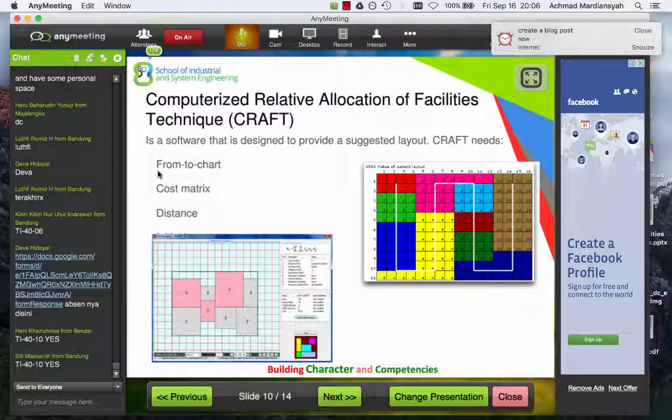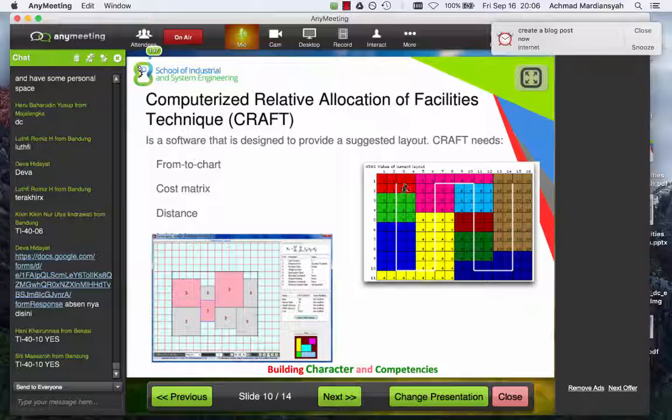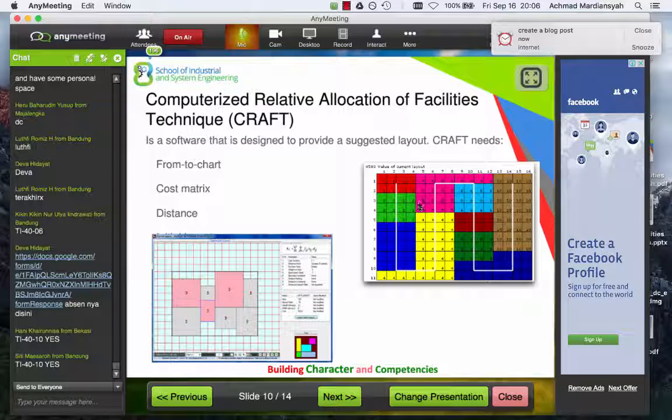So currently you must have a from-to chart, a cost matrix, and then distance, and then the initial layout. So the software will give you a suggested layout based on the input that you gave it. Okay, so this is for example.